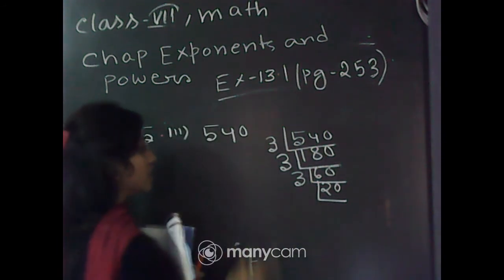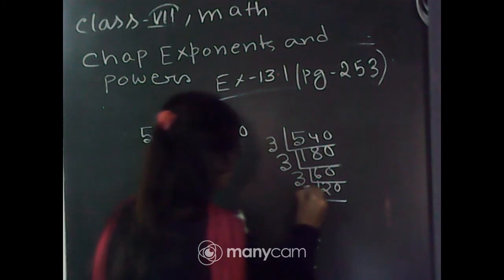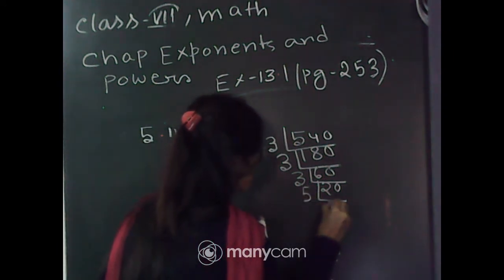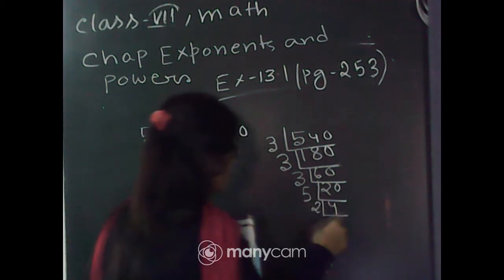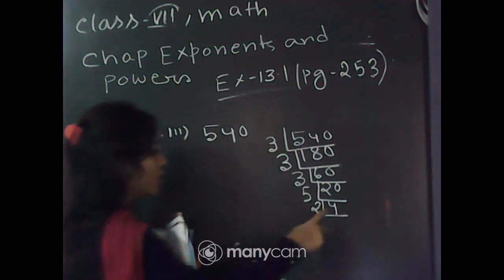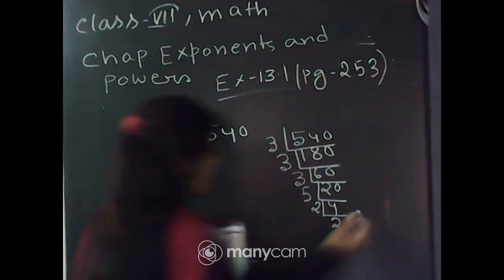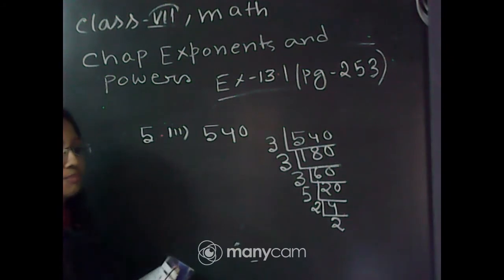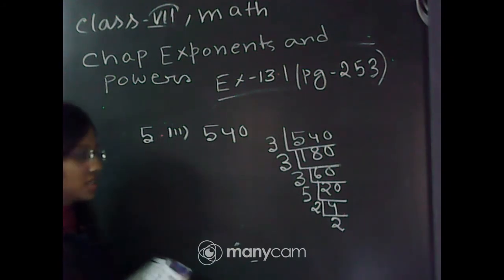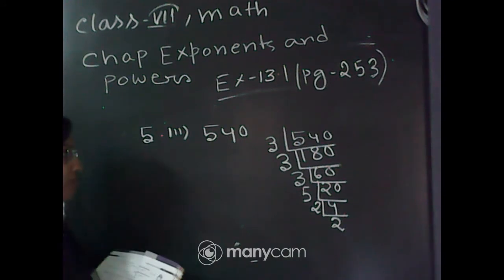And again, if we divide 20 by the prime number 5, we get 4. And if we divide 4 by 2, we get 2. This process is known as prime factorization.